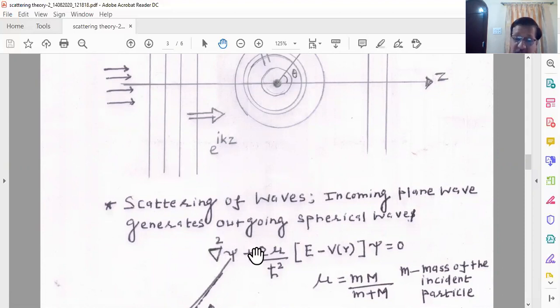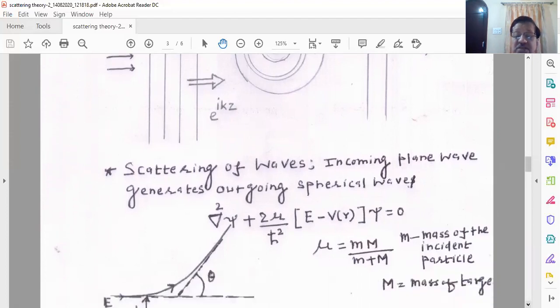Del square psi plus 2 mu over h cross square, where mu is the reduced mass of the system of two particles. We have two particles, a capital M and a small m. Small m is the mass of the incident particle, and capital M is the mass of the target which you have considered here.